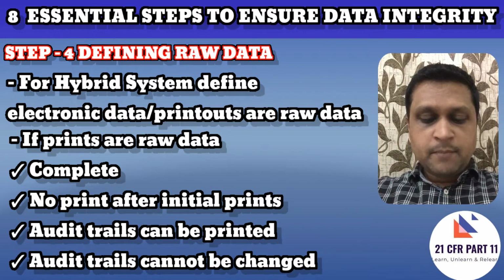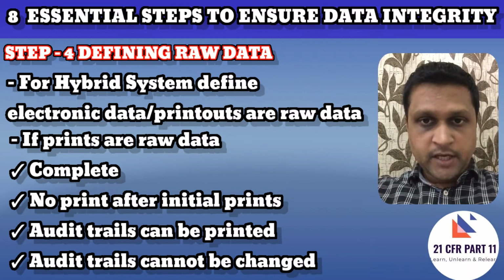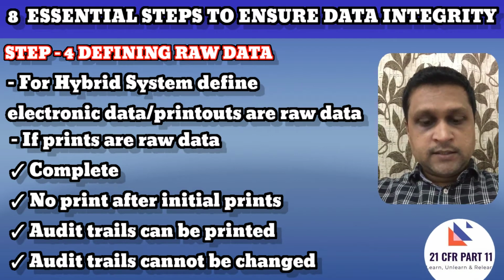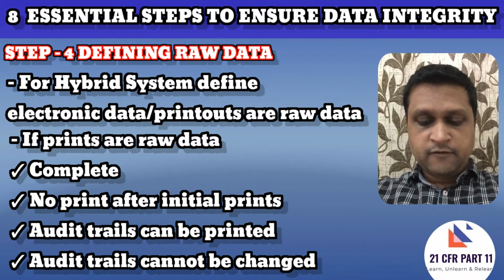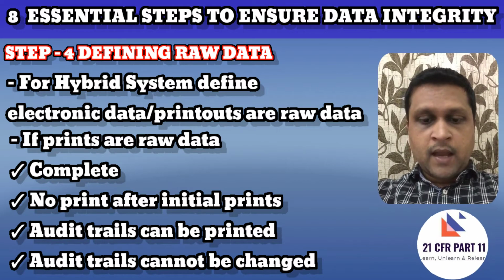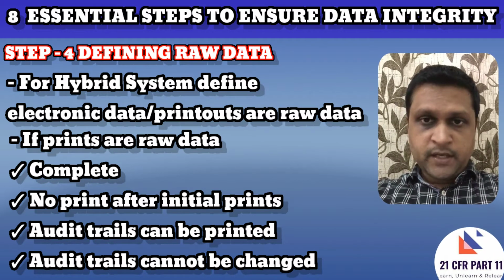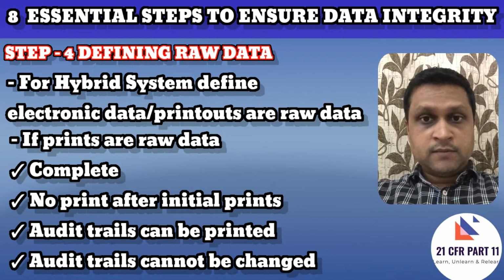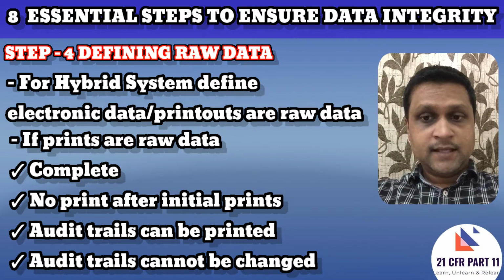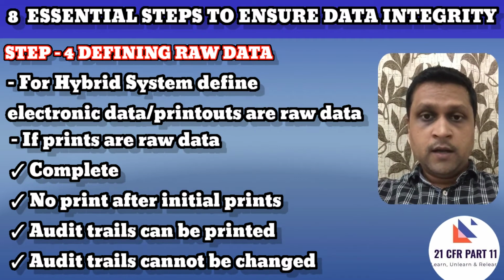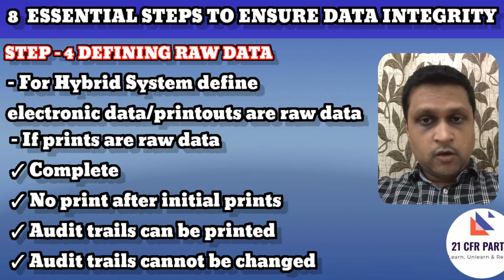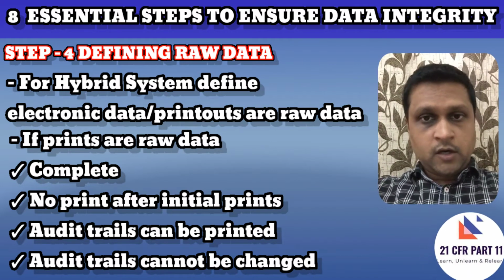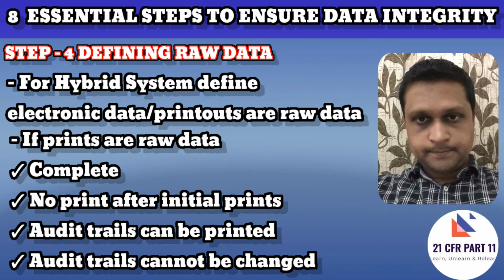No new printouts can be generated after the initial printout has been taken. The audit trail which is printed must be verified at the same time, and it must be printed as well. The audit trails must not be changed. So these are the things you must ensure while you are defining the raw records or the raw data, whether it is an electronic record or a printout record.